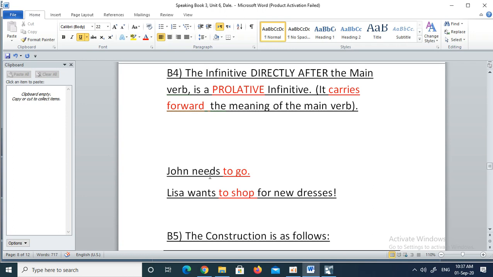Your main verb is needs. Okay, because if I just put John needs, what does John need? I don't know. We need a prolative infinitive to carry forward the meaning of the main verb. So, our main verb is needs.